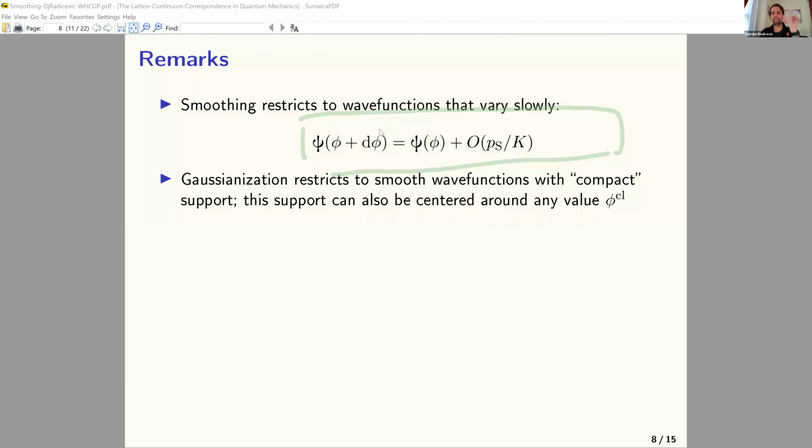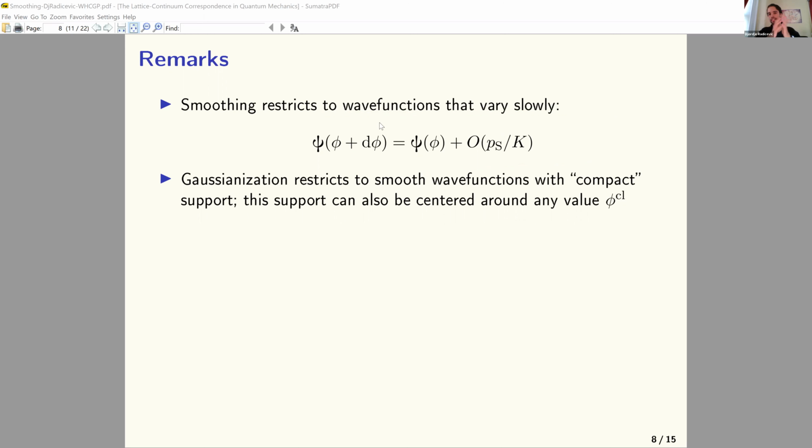So this new parameter PS that I have introduced really controls the derivative expansions. It says that no derivative can be larger than a certain bound set by PS over K. So that's the important thing here.